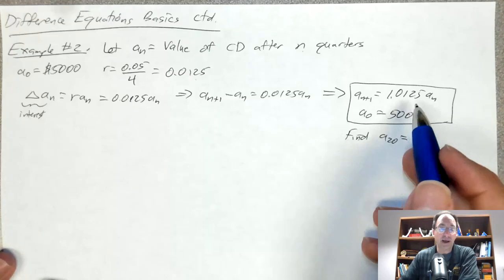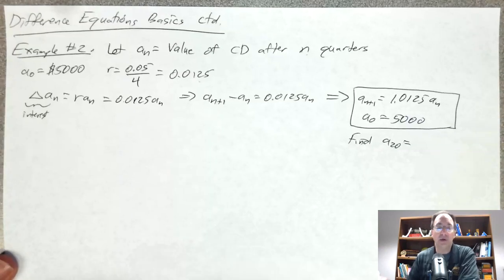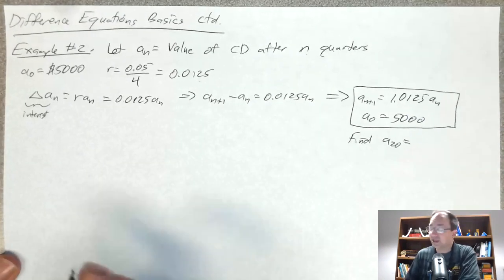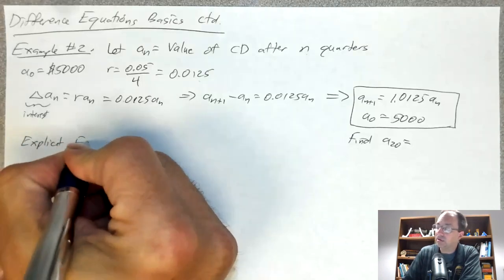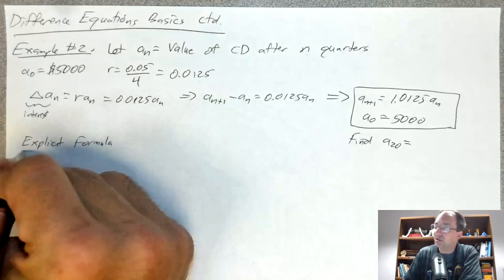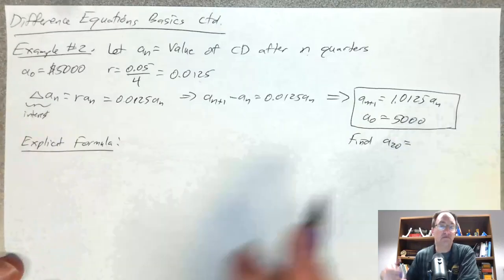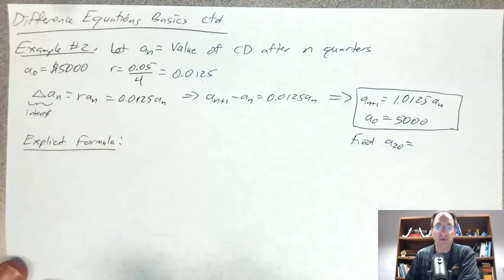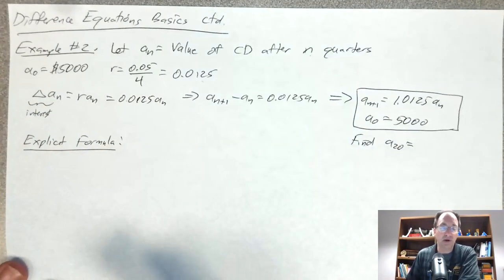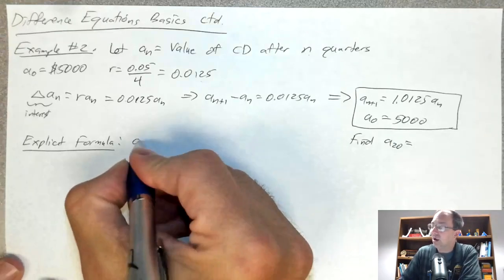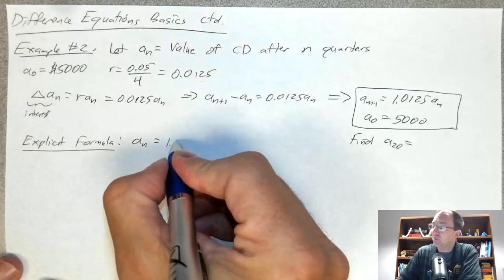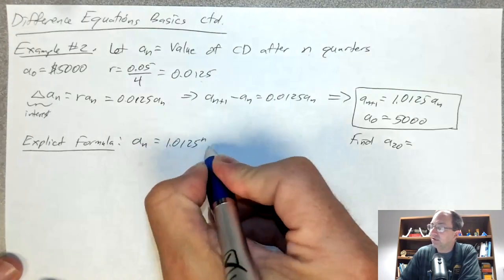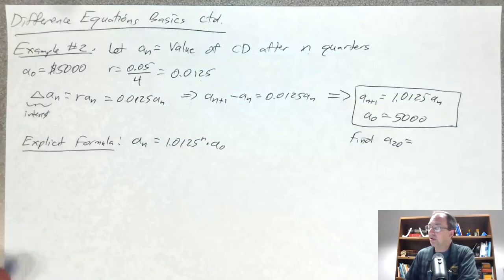Now, we could punch that in our calculator 20 times. We could use a spreadsheet, or we could find an explicit formula. An explicit formula is not bad because this is just a multiplicative relationship. Every time I do the iteration, I'm just multiplying by 1.0125 again. So my explicit formula would be A sub n is 1.0125 to the nth power times A sub naught.